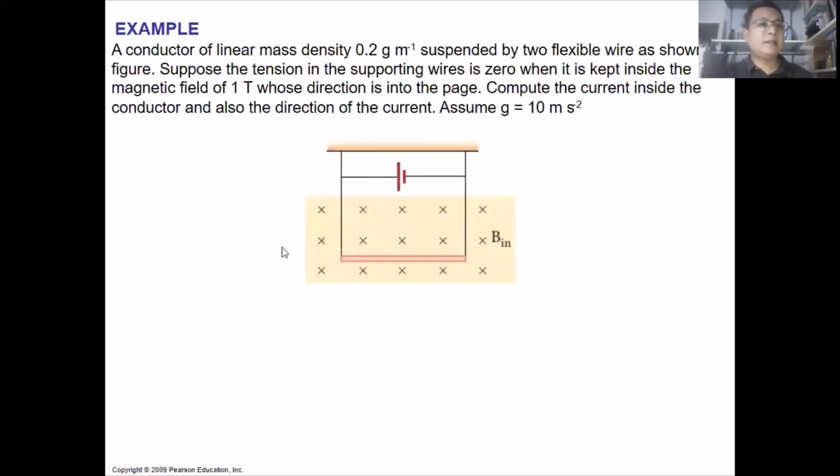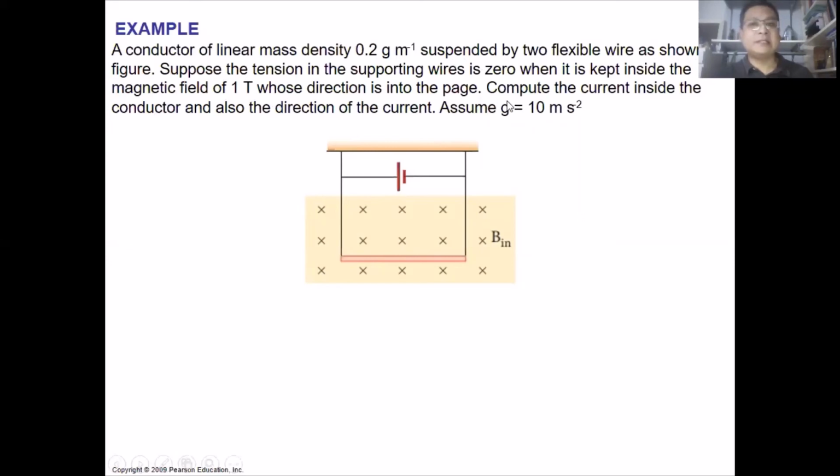And then the second example, still on the force formula. A conductor of linear mass density 0.2 gram per meter is suspended by 2 flexible wires as shown in the figure. Suppose the tension in the supporting wires is 0 when it is kept inside a magnetic field of 1 Tesla, whose direction is into the page.